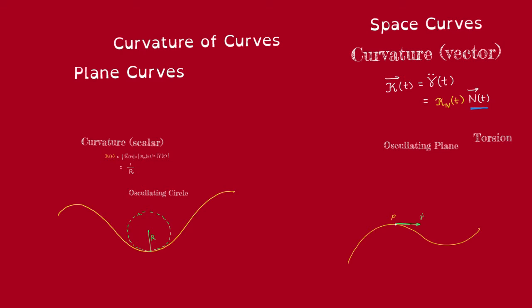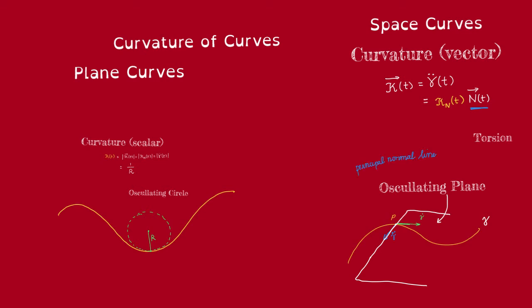To that end, we want to first define the osculating plane of a curve at a point P. Even though the curve gamma is not planar, at any point P there is a plane that is closest to gamma. That's going to be called the osculating plane of gamma at P. This will be the plane that goes through P and is parallel to the velocity vector and the acceleration vector of gamma.